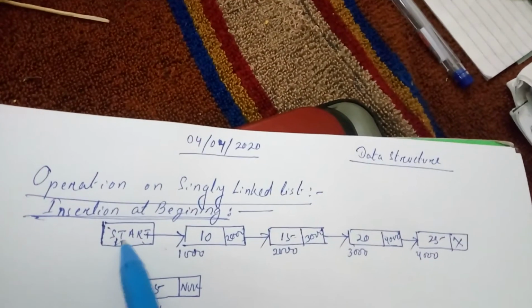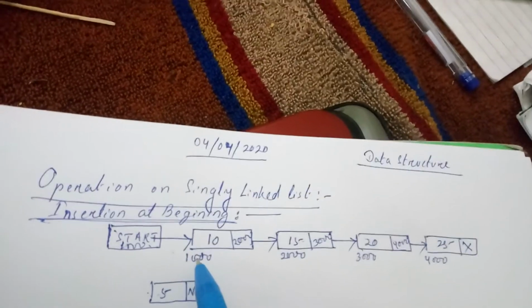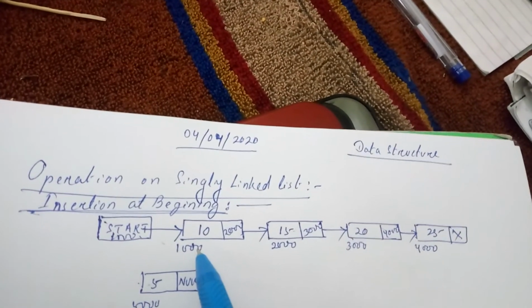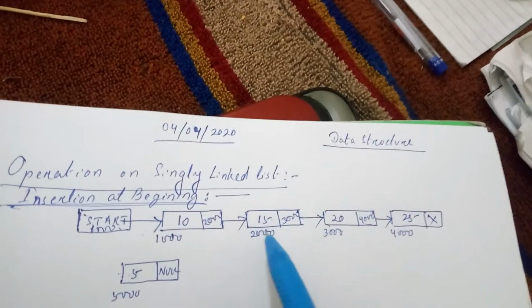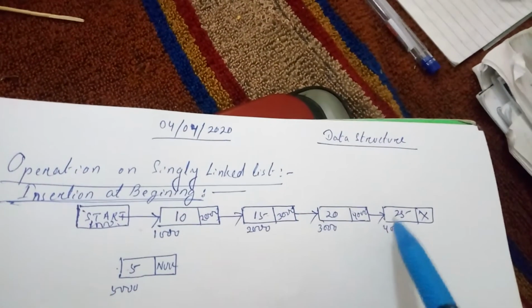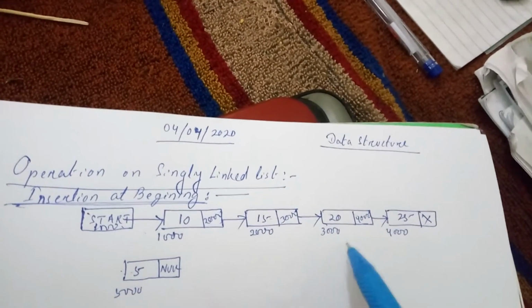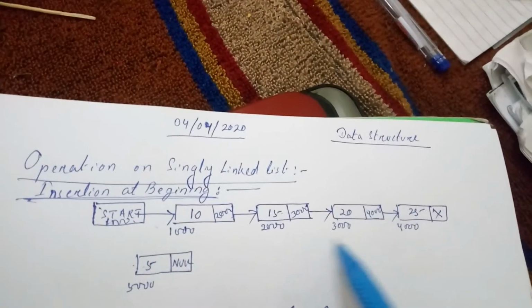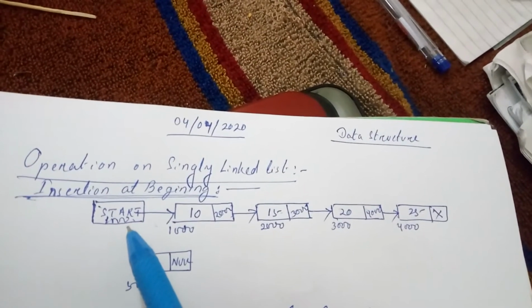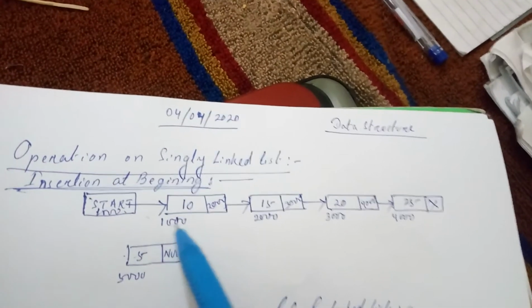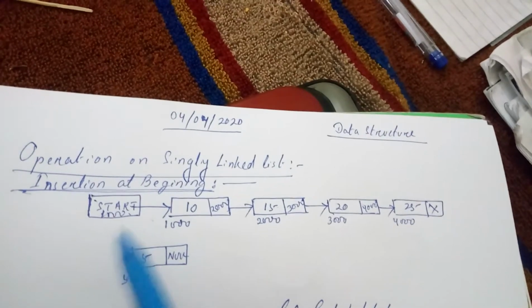Here start has the value 1000 because the node 1000 is the first node, and then the node 2000, then the node 3000, then the node 4000. 1000, 2000, 3000 and 4000 are the addresses of each node. So the start pointer contains the value 1000. This is a pointer which is also of type struct node.